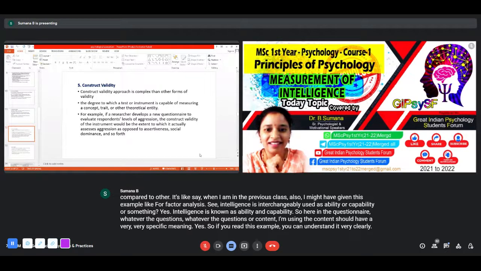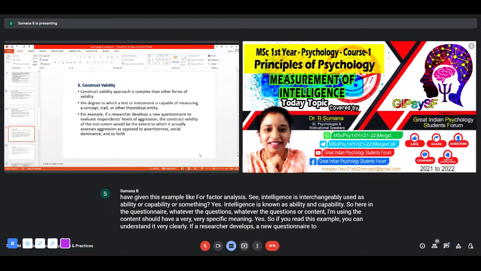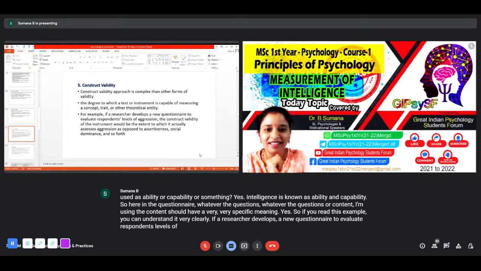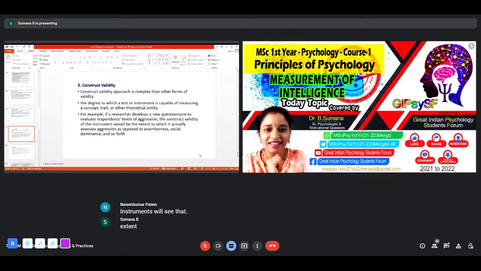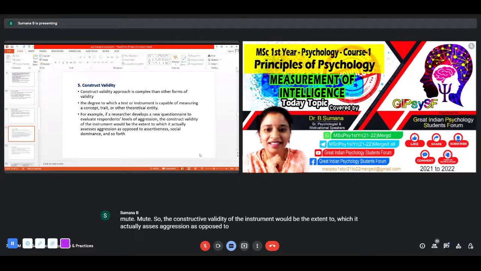If a researcher develops a new questionnaire to evaluate respondents' levels of aggression, what I'm trying to measure is the aggression level of an individual. The construct validity of the instrument would be the extent to which it actually assesses aggression as opposed to assertiveness, social dominance, and any other factor.